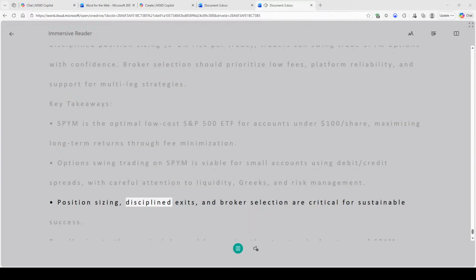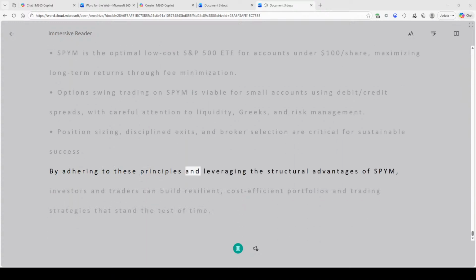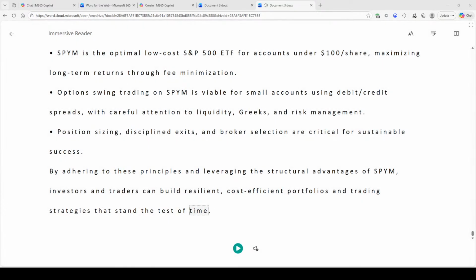Position sizing, disciplined exits, and broker selection are critical for sustainable success. By adhering to these principles and leveraging the structural advantages of SPYM, investors and traders can build resilient, cost-efficient portfolios and trading strategies that stand the test of time.